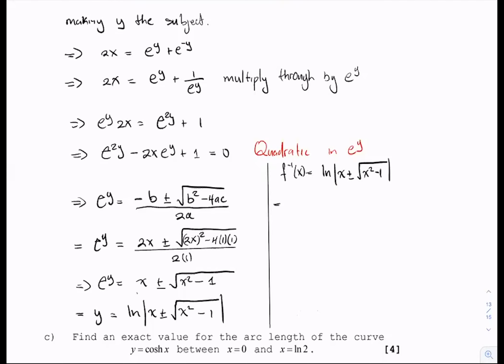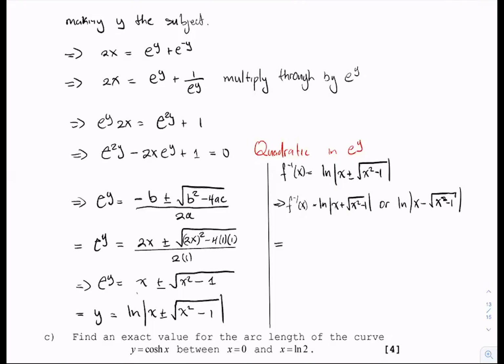Not yet. This means that f inverse of x is equal to ln of x plus the square root of x squared minus 1, or ln of x minus the square root of x squared minus 1. So here we have two possible answers for f inverse.